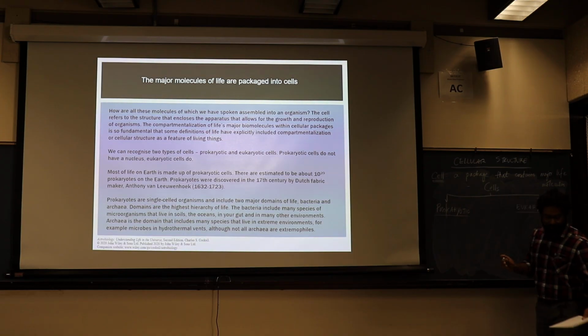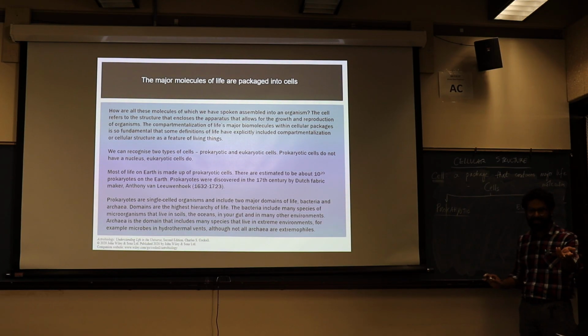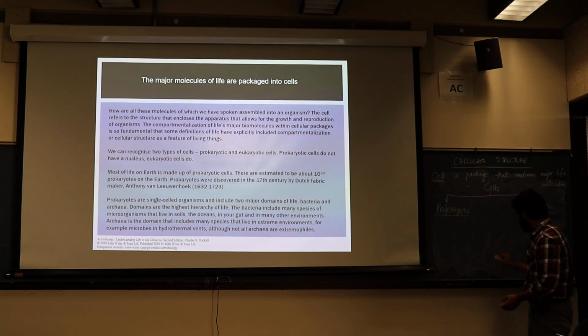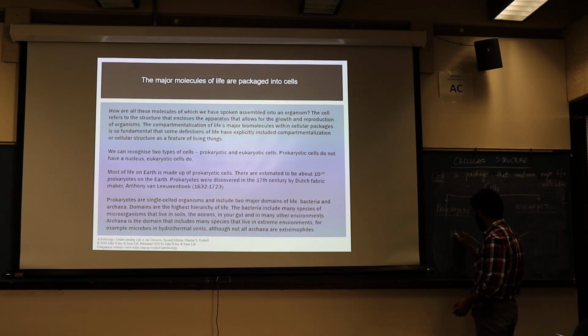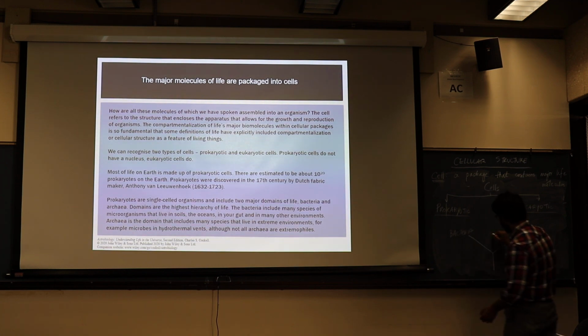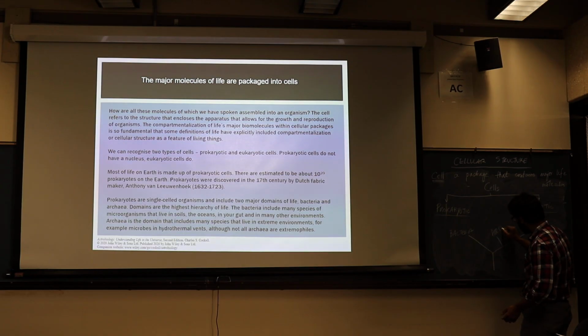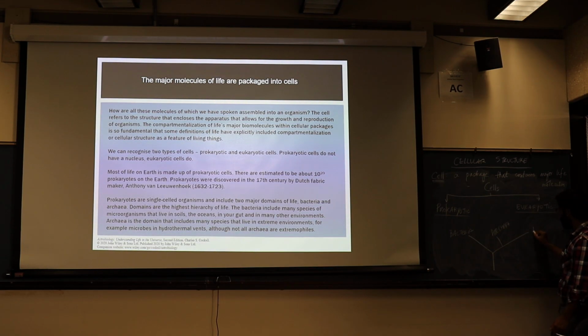Now, you may have seen these kinds of diagrams, right? This is a phylogenetic tree of life, right? So if you have, and we will look into this in detail later, you have the bacteria, you have the archaea, and you have the what?